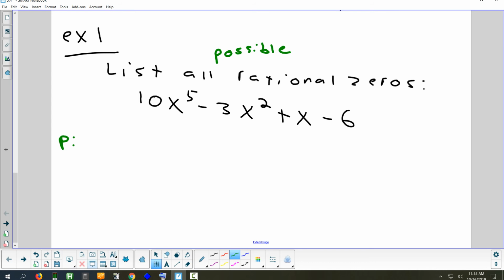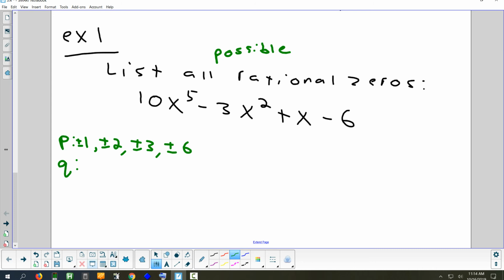All right, so you said plus or minus 2, you said plus or minus 3. Anything else? That's half of them. 6 and 1. That's 3/4 of them. Plus or minus 6. Plus or minus 1, plus or minus 6. So there are 8 factors of the number 6. Or -6, same thing. Now we need Q.